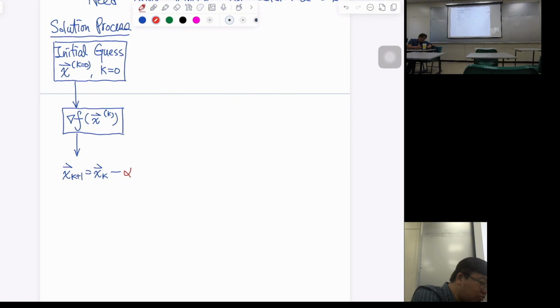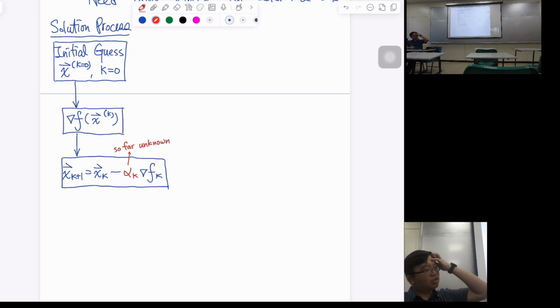I will use a red color to show you that alpha k right now is unknown. But we still formulate this equation, okay? So far unknown.